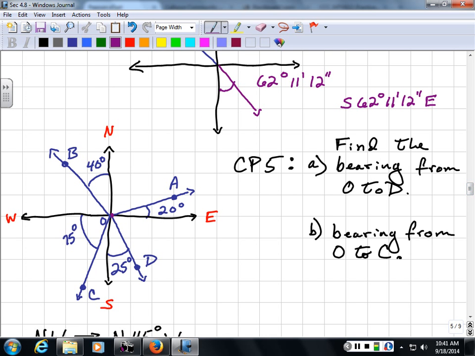I want to find a bearing from O to D. How would you write that down? Just like that. Or you could write it as 25 degrees east of south. Okay? What about the bearing from O to C?